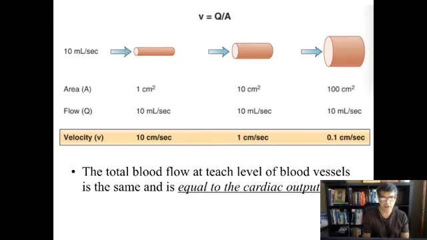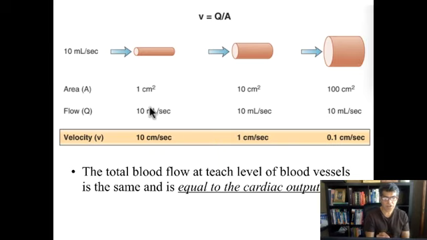In this diagram, here's one vessel, here's another vessel, and here's the largest diameter vessel. As you can see, when blood goes from this size of the vessel to this size of the vessel, or to this one, the flow is going to stay the same, or Q. The amount of blood that's flowing here is the same, 10 ml per second.